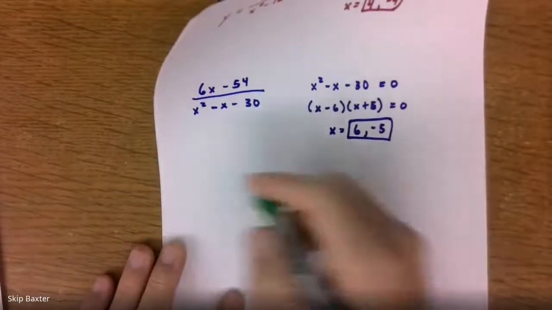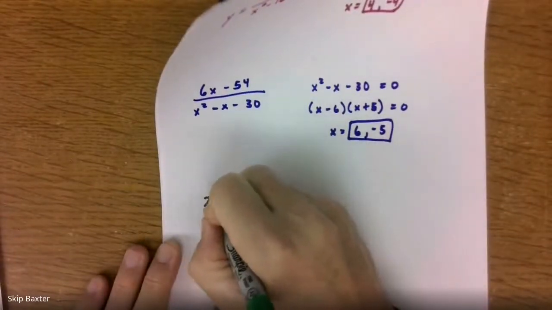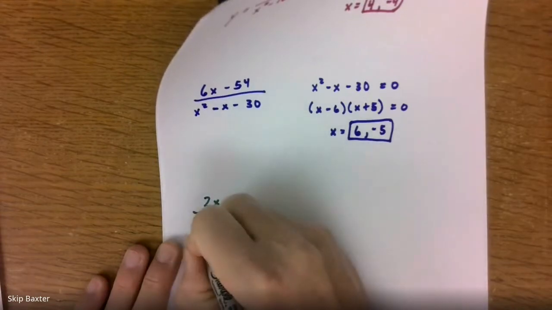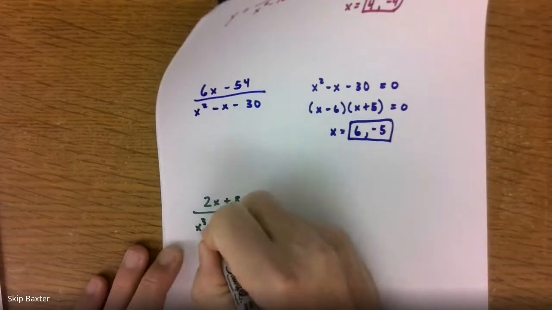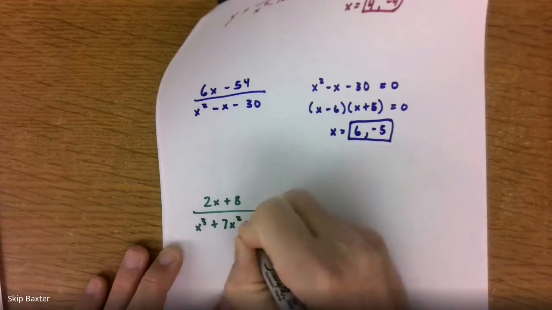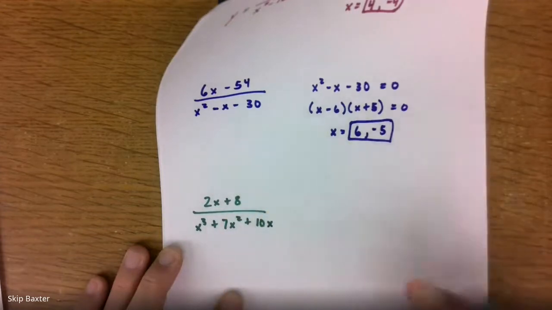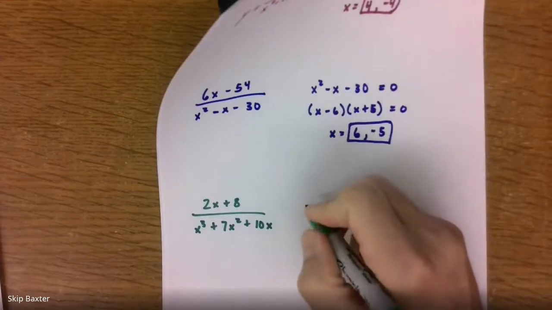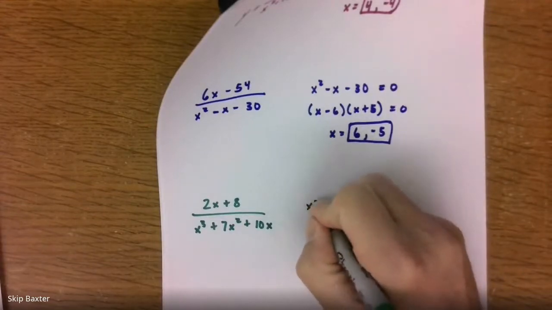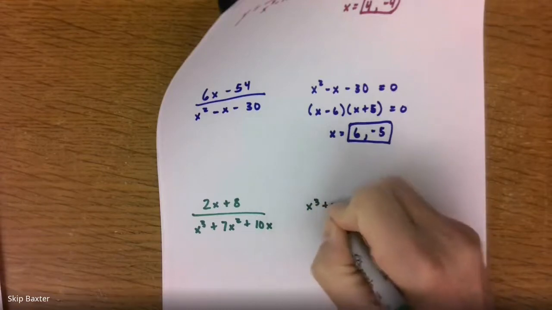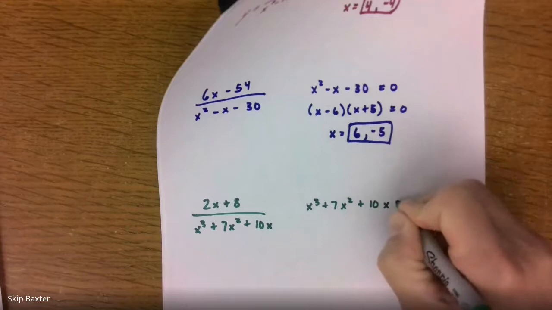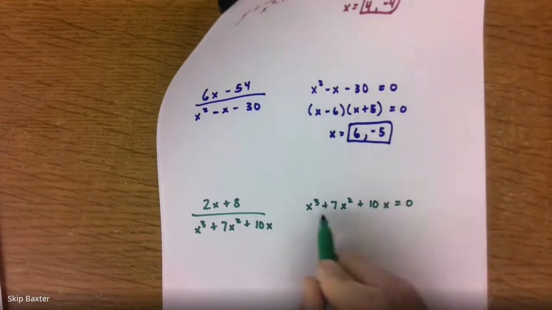One more example. How about something like 2x plus 8 over x cubed plus 7x squared plus 10x. Same thing. I would set the denominator equal to 0. So this would be x cubed plus 7x squared plus 10x equals 0. I could take out a common factor.